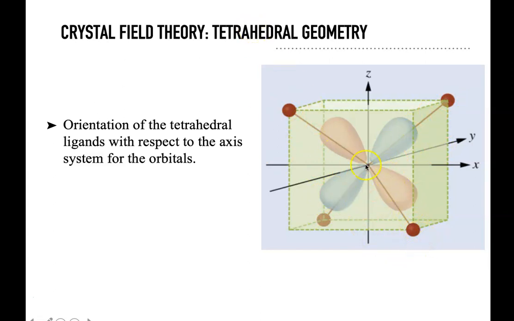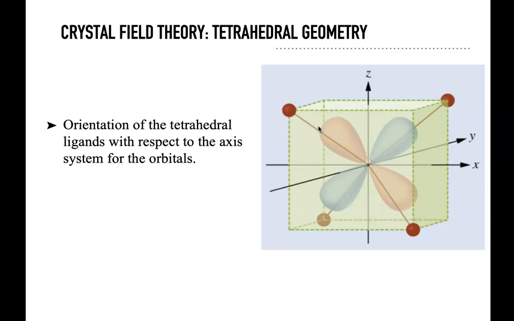These 4 ligands approach. Then this one is now the dxy orbital. The dxy orbital is in between the axes. The orbital lies in between 2 axes, and they are relatively close in distance, so the repulsion is high. So this one forms unstable electrons.